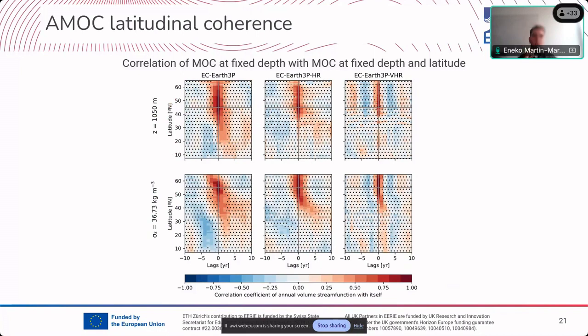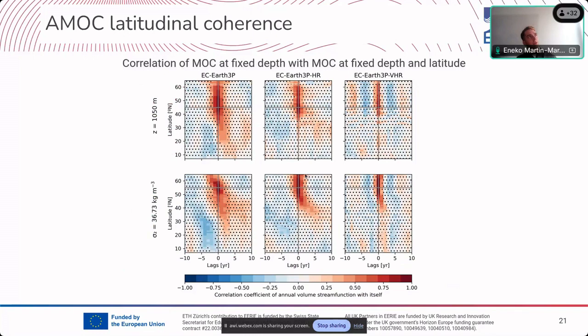That's why previously I showed you the sigma space only. But also we saw that in the sigma space, it seems that we have three different patterns, one for each model, which is some kind of interesting thing, no? In the low resolution model, we have some kind of very fast propagation down to lower latitudes.